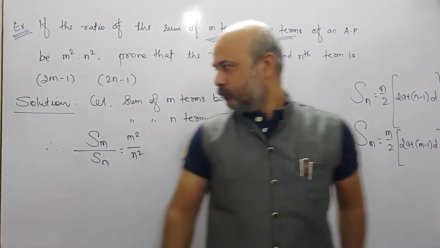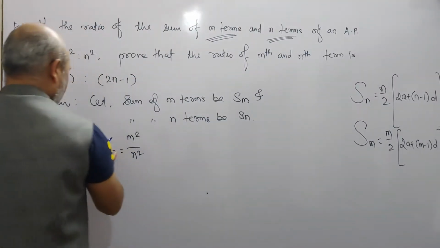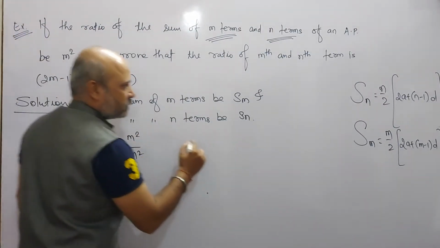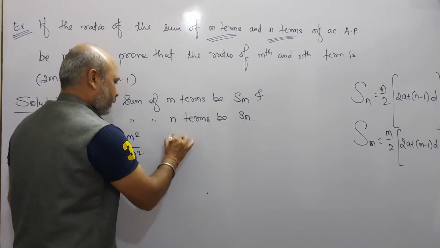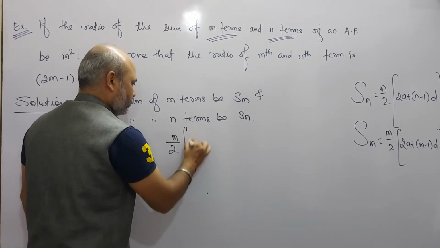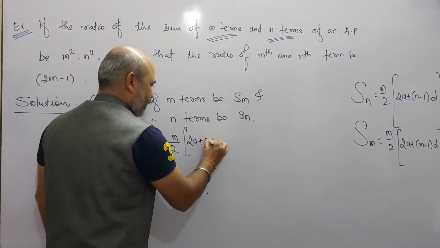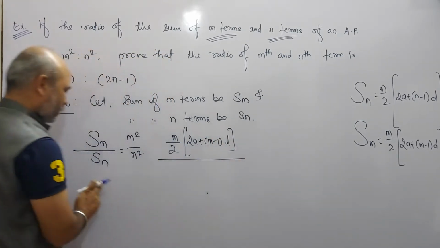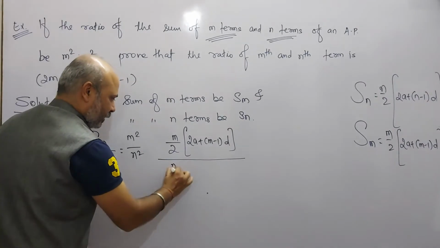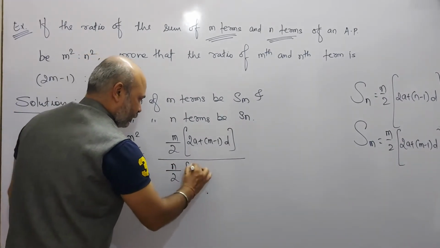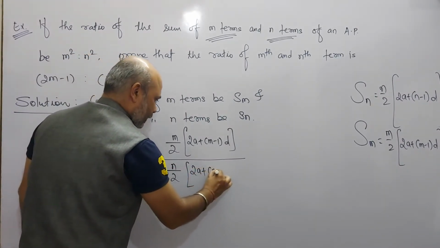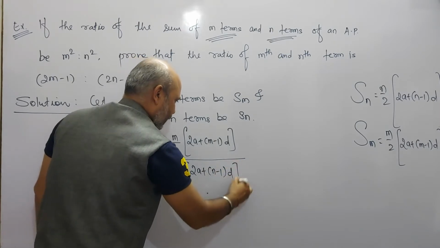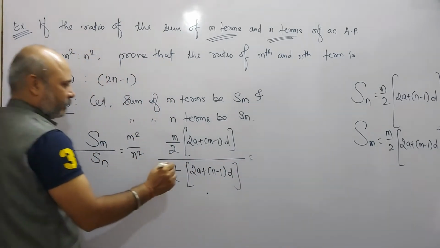Clear? Now we know what Sm is. Sm is m by 2 into 2a plus m minus 1 into d, divided by Sn, which is n upon 2 into 2a plus n minus 1 into d, and this is equal to m square upon n square.